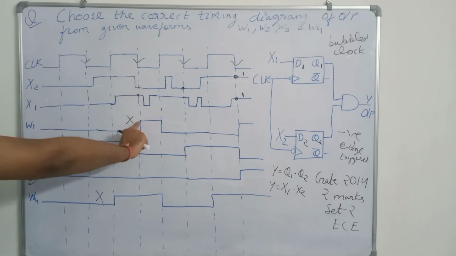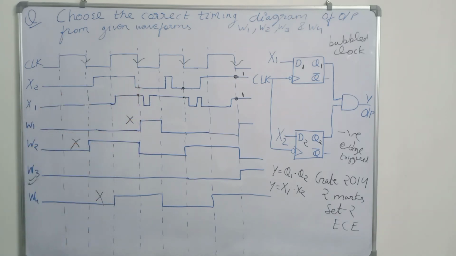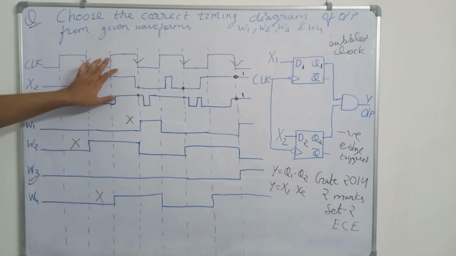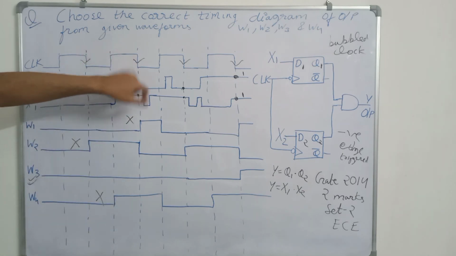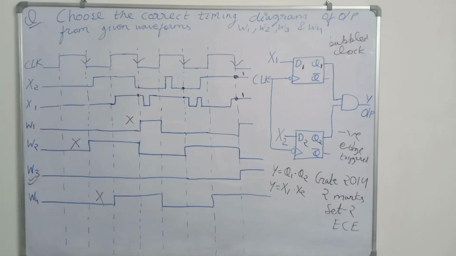But W1 is going to 1 here, so this also cannot be the answer. And in W4 the transition is happening at the positive edge of the clock, so this also cannot be the answer. So only waveform W3 is the correct waveform. In this way we can easily answer our question that W3 is the correct timing diagram for this circuit.